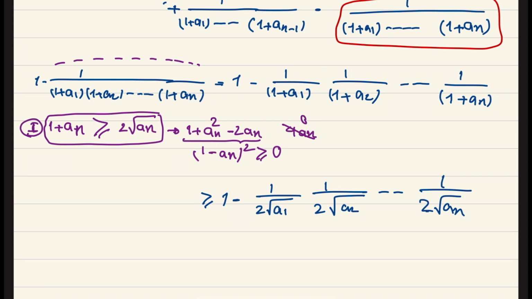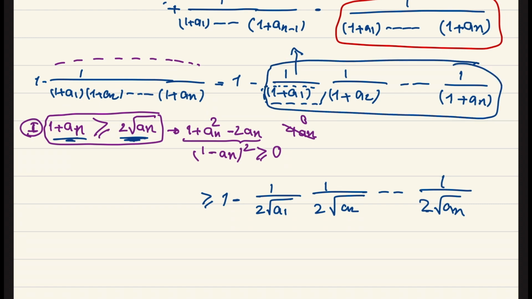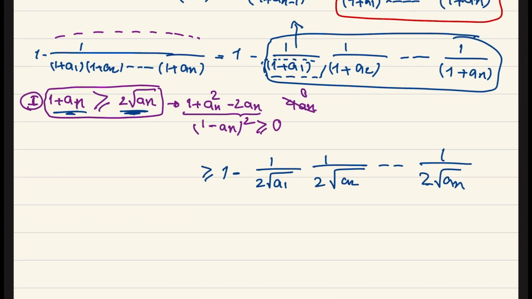We know that because this term is greater, if you replace it in the denominator, we will have a smaller number, and because it's in the denominator, it will increase the overall term. And because it is 1 minus some term, the expression that we see here will be smaller after replacing. So this is the reason why we have a greater than or equal sign here.